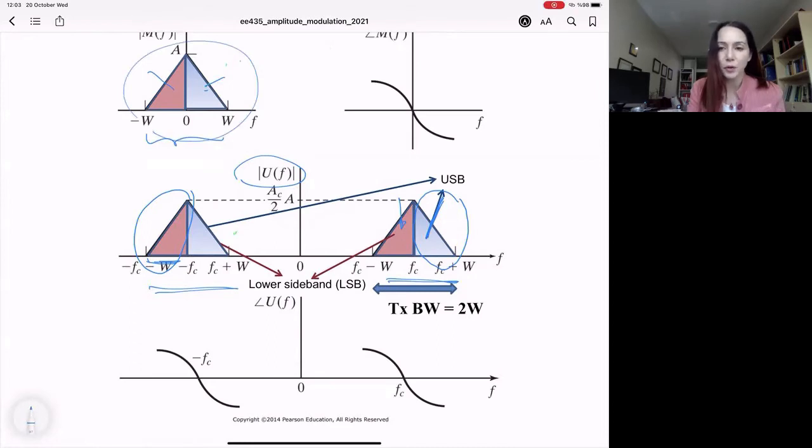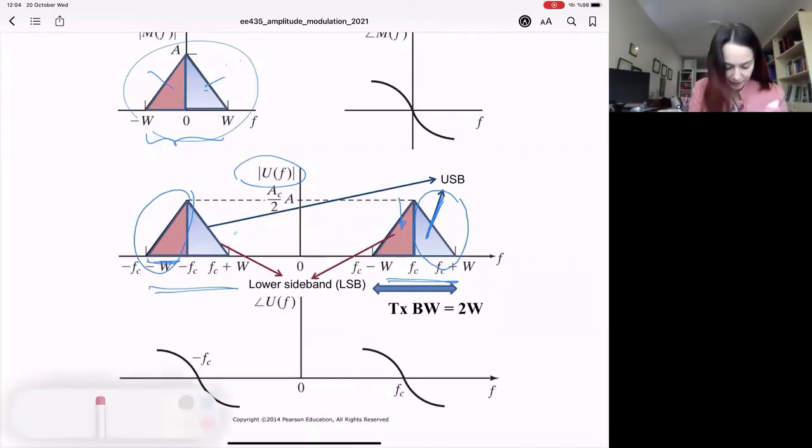This is a visual argument. It is not a mathematical argument, but later on we will make a mathematical argument for it. I'm just giving a sneak preview into single sideband modulation. However, we are going to ignore the fact that only the upper sideband contains enough information, and the lower sideband also contains the same information. We'll ignore this in double sideband and transmit both sidebands together. That's why it's called double sideband.